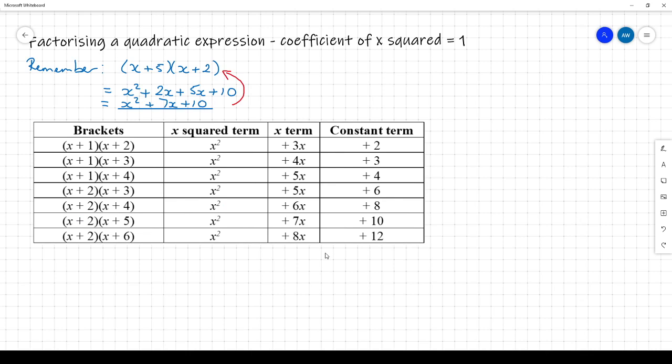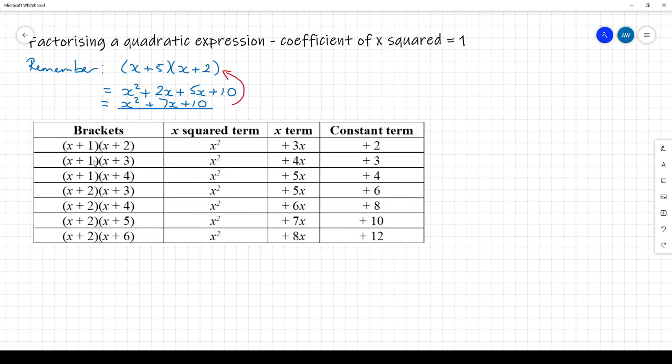What I want you to see is if there's a connection between the numbers inside the bracket, because we need to work those out. If we're going from this quadratic expression back to these double brackets, we need to work out what goes inside these brackets. So you need to work out where the plus 5 and the plus 2 come from, and also the x in each of the brackets.